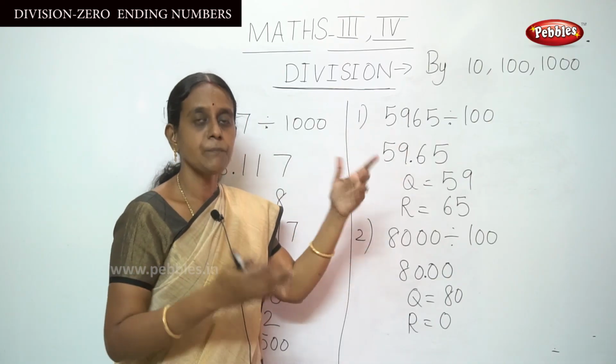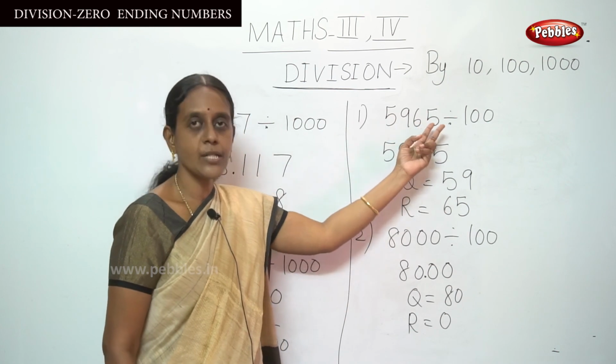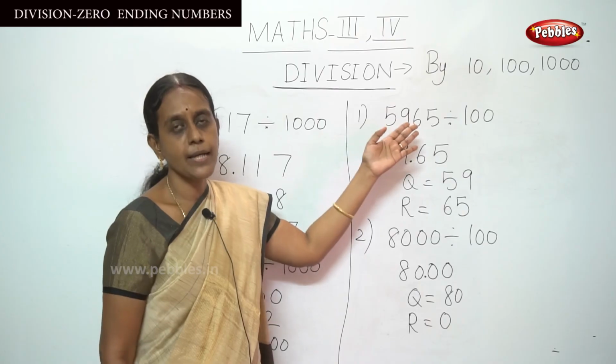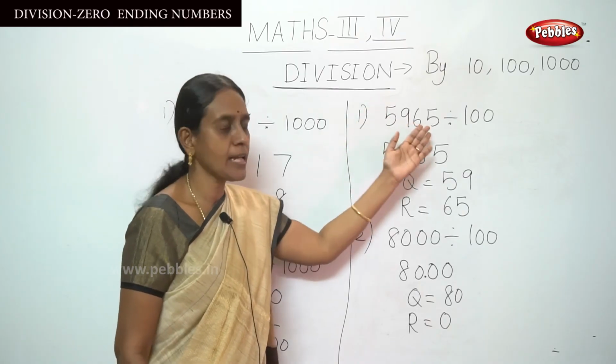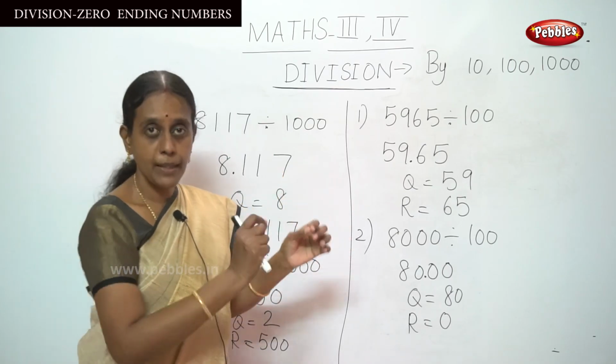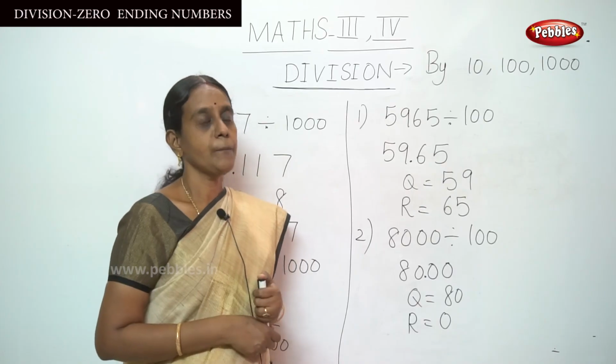By practicing, you can simply move 2 digits from the right towards the left and say 59.65, so the quotient will be 59 and the remainder 65. That is in your mental maths. Without paper and pen you can say the answer, quotient and remainder. Okay, thank you.